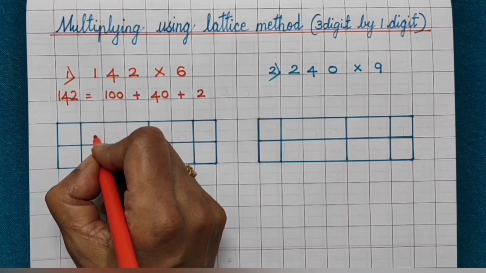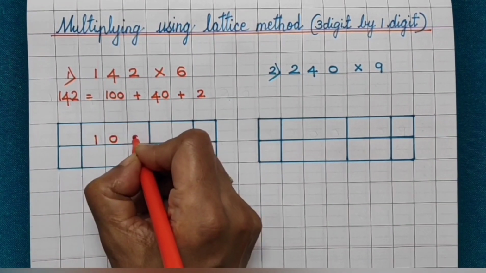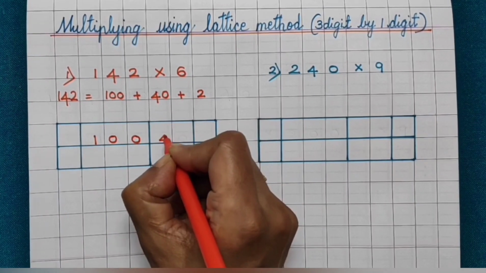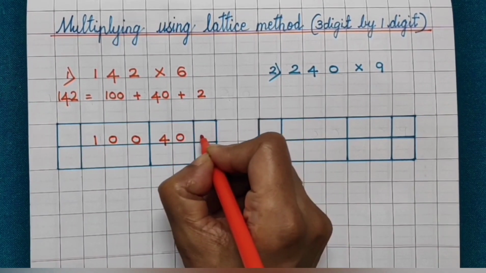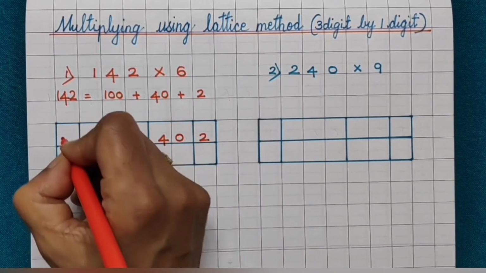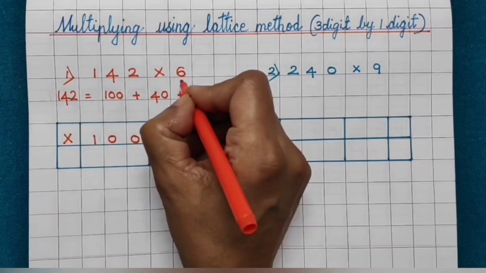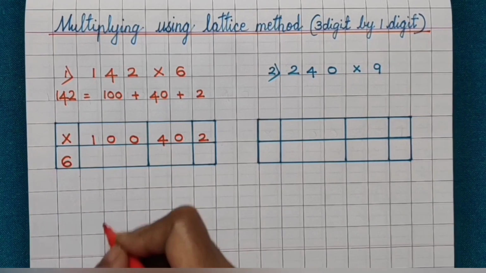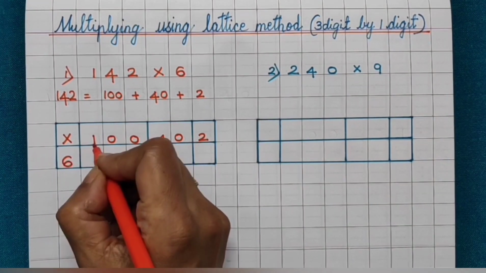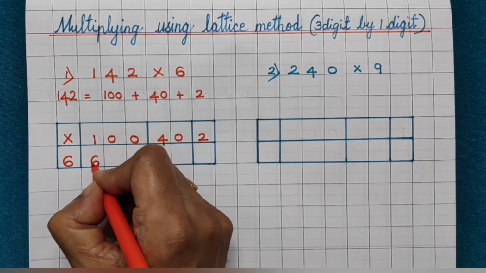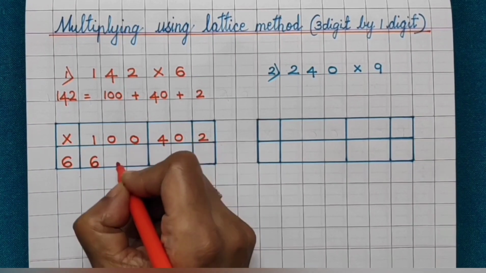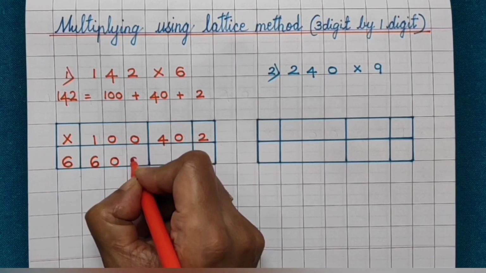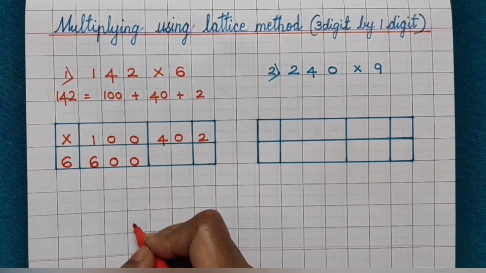So we will write here 100, 40 and 2. This has to be multiplied by the number 6. Now first multiply the numericals. 6 ones is 6. How many zeros? 2 zeros. So the answer is 600.